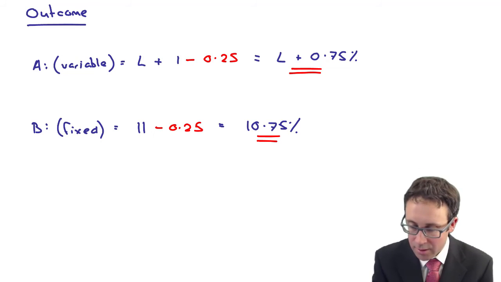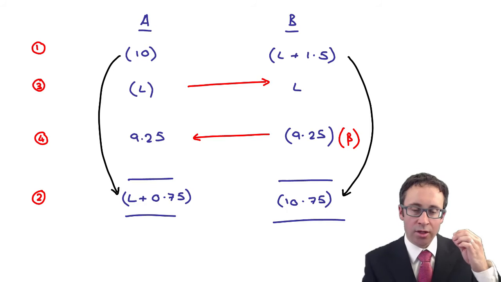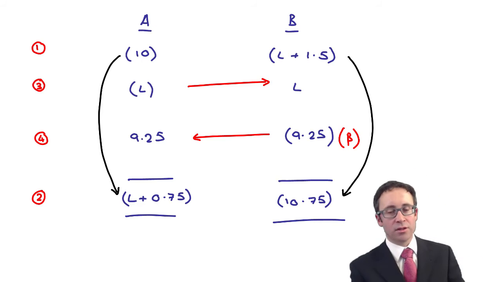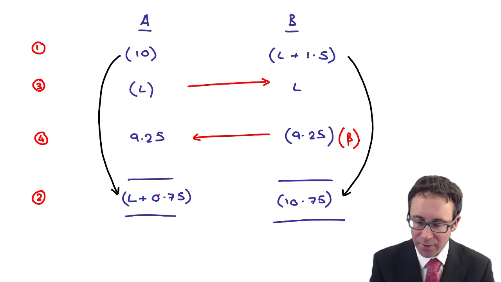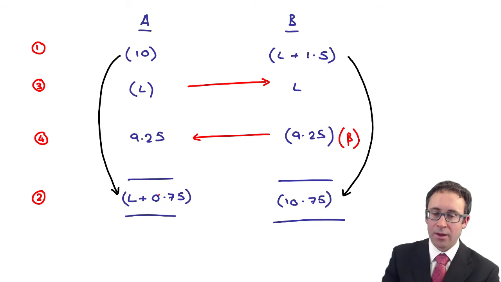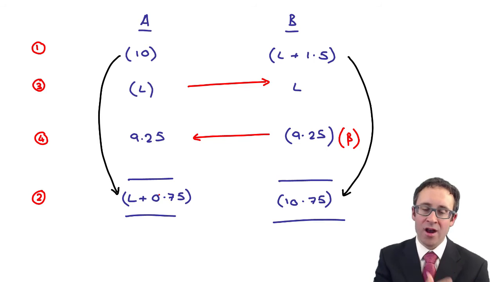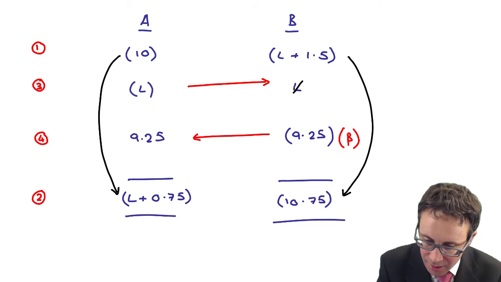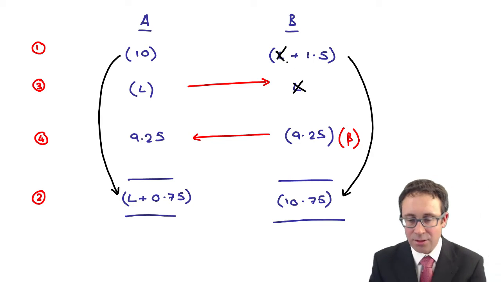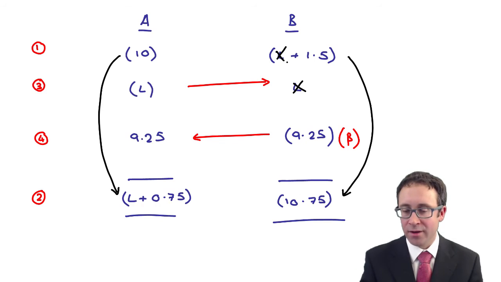If you go through and pick it out, A wanted variable, so it started off with fixed. If it borrowed fixed, it got 10%. We need to get LIBOR plus 0.75 because that is the outcome of the swap. So in order to do that, we have a LIBOR payment, variable, from A to B. And what then happens is that the LIBOR payments cancel. So B is making a payment of 1.5.